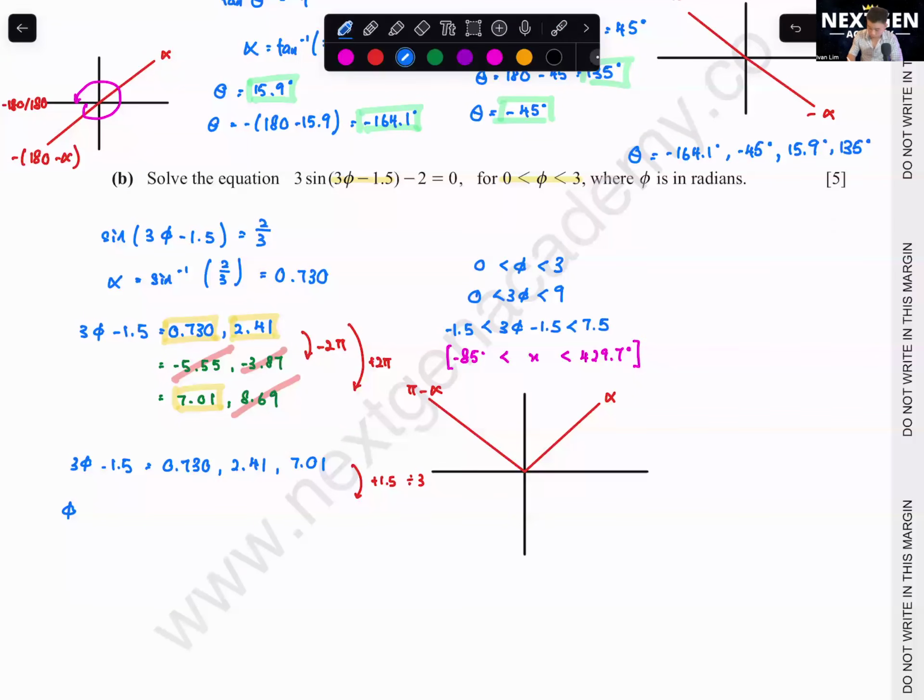We will get here 0.73 plus 1.5, then divide by 3. We'll get 0.743.